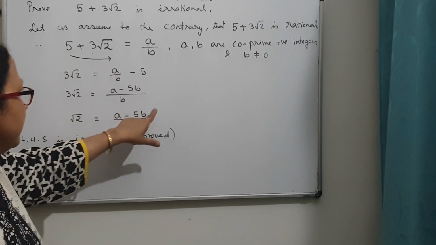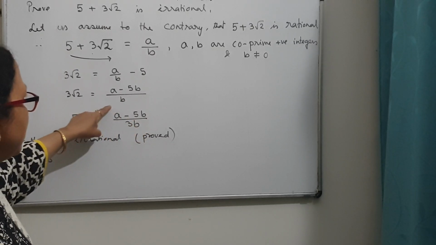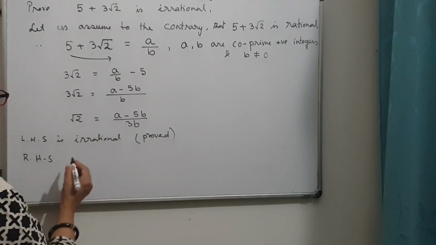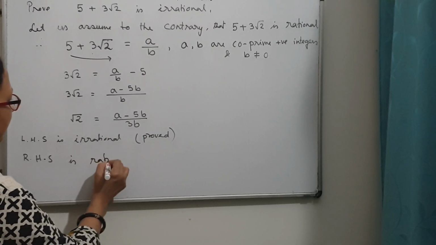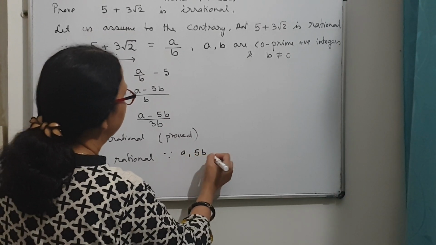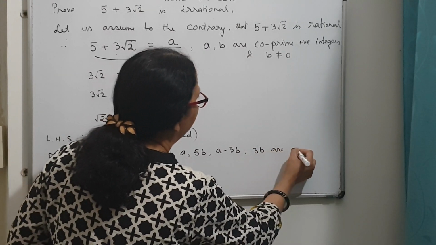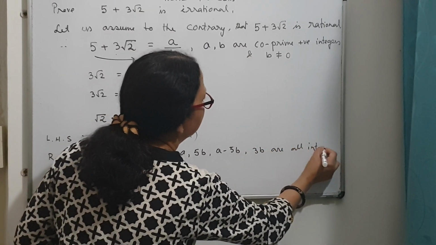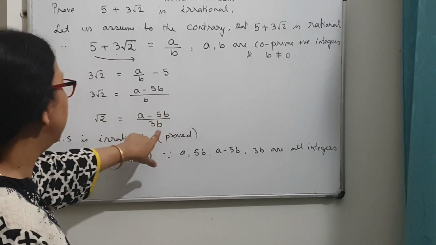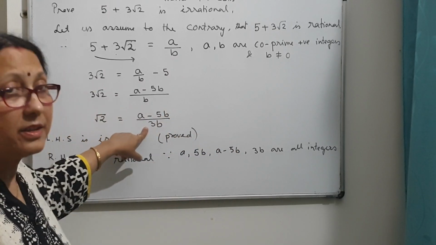The numerator is an integer, and the denominator, 3 times an integer, is again an integer. So it is the ratio of two integers, and the ratio of two integers is a rational number. So the RHS is rational, since a minus 5b and 3b are both integers.